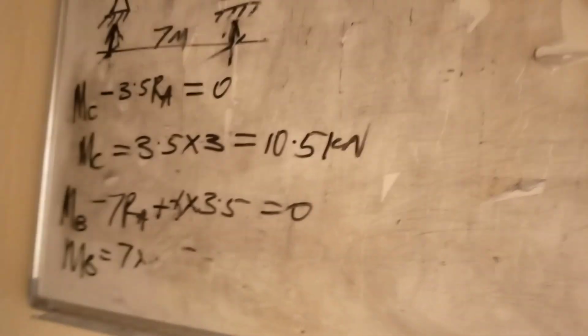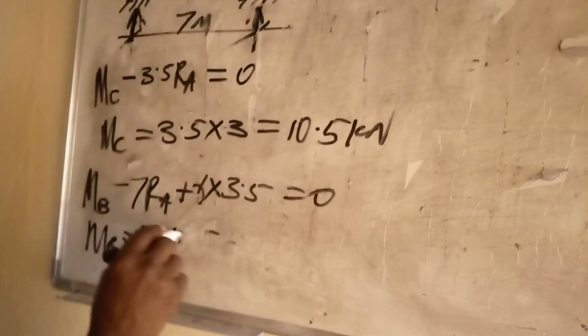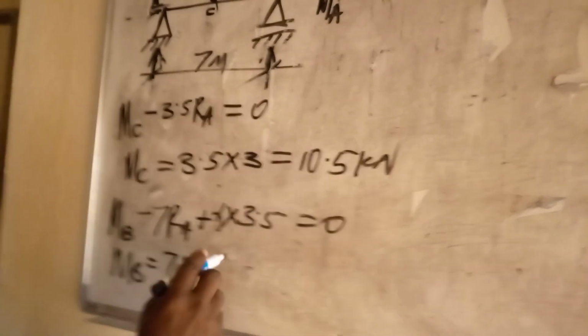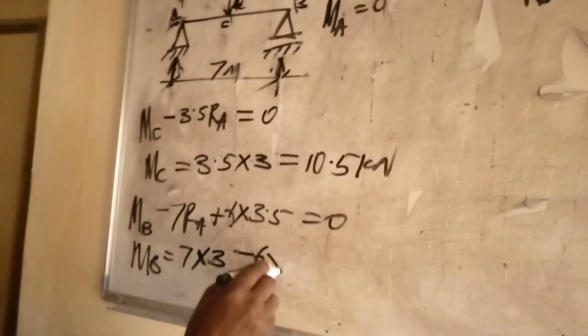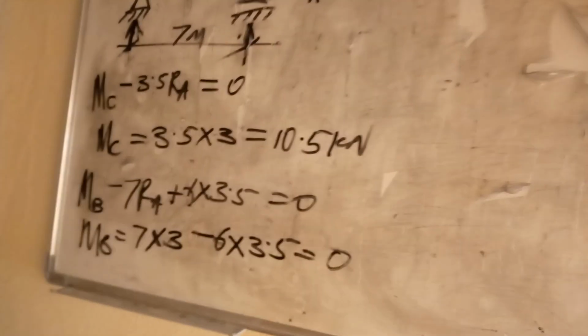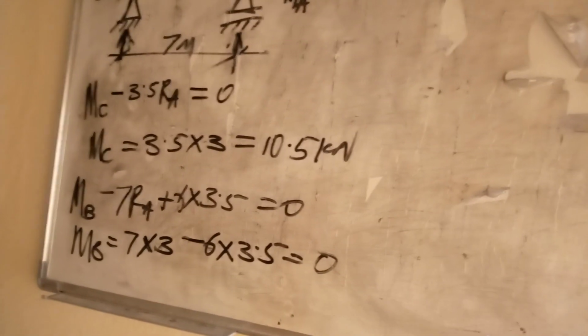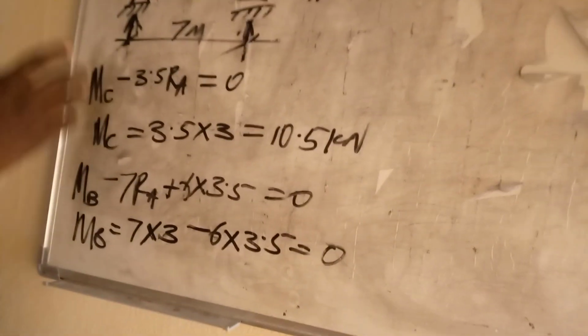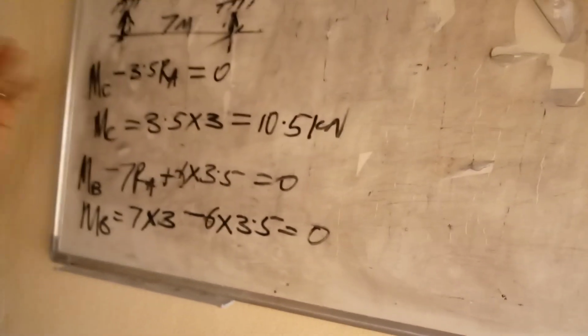RA is 3. That means 7 times 3 minus 6 times 3.5 gives 0. So that is the bending moment.